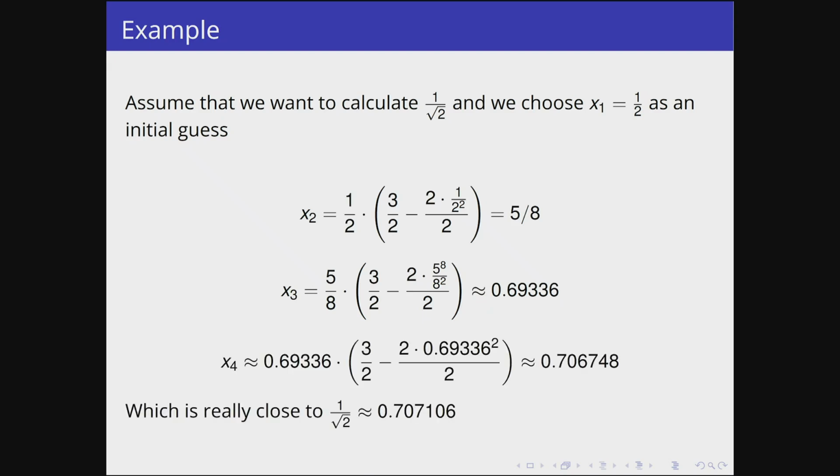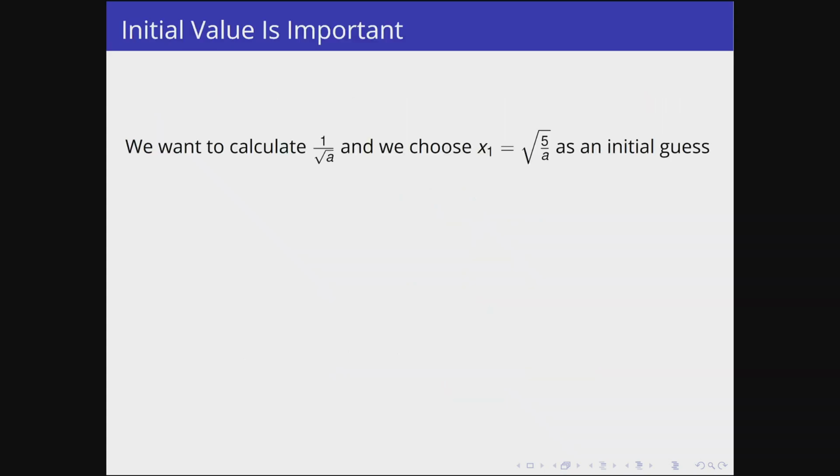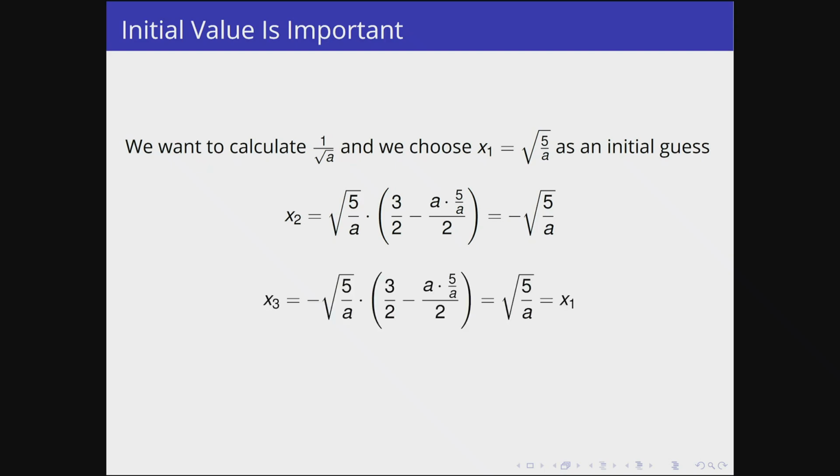And the third iteration we get something that's really close to our value. But if we take a value that is not that good, like square root of 5 over a, as our initial guess, we get, after the first time, minus the square root of 5 over a, and if we do it twice, we get our initial guess.